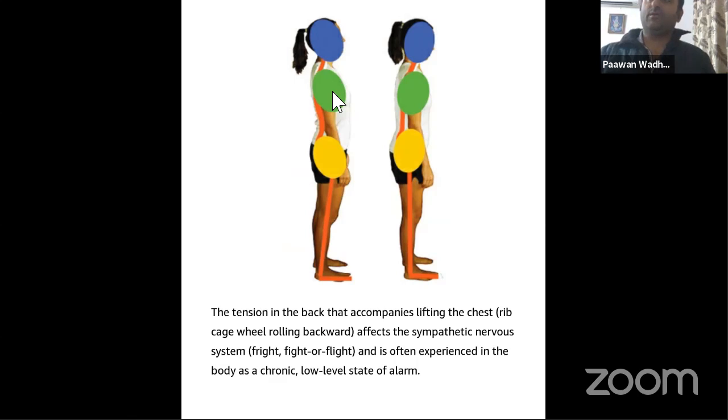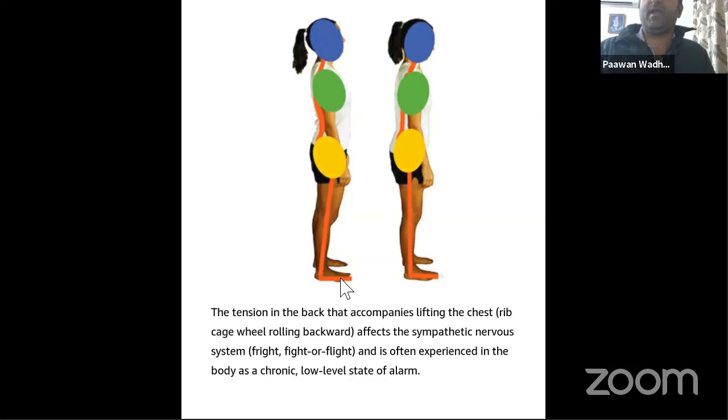If you are too tense in this position, when you stand like this, popping out, there is tension in the back. The tension in the back affects your sympathetic nervous system.